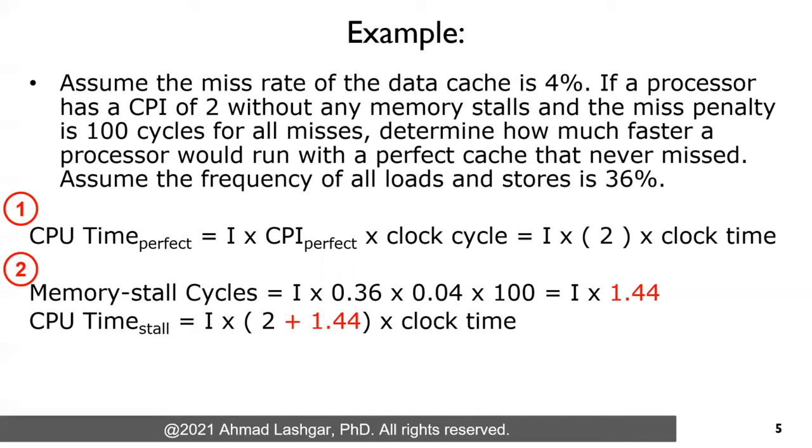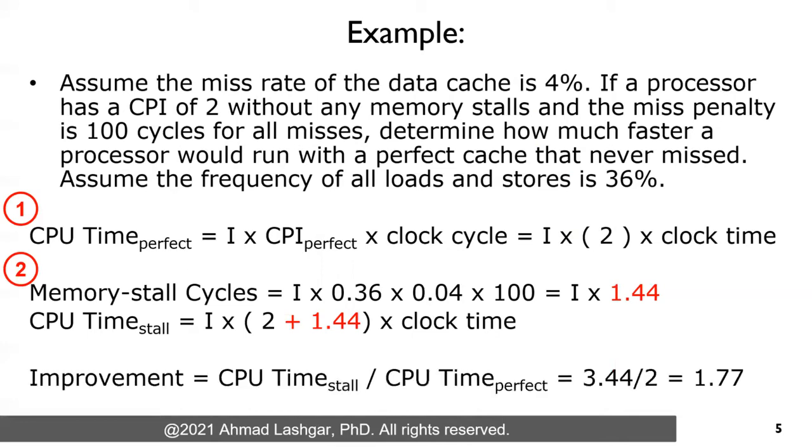So we recalculate the CPU time, this time for the case that we don't have the perfect cache. In this case, we add 1.44 to the base or perfect CPI. And what we end up with is 3.44. And lastly, we calculate the improvements by dividing CPU time of the real case with the stalls over CPU time of the perfect without any stalls.